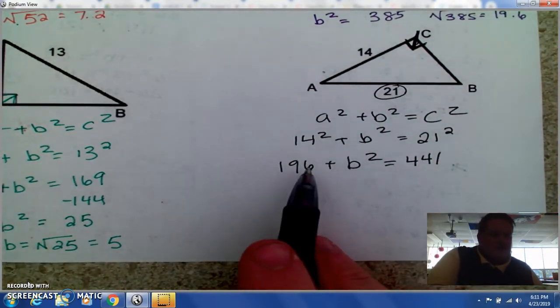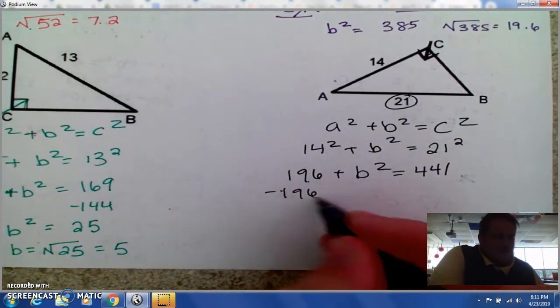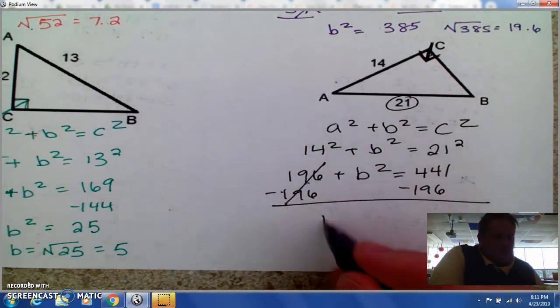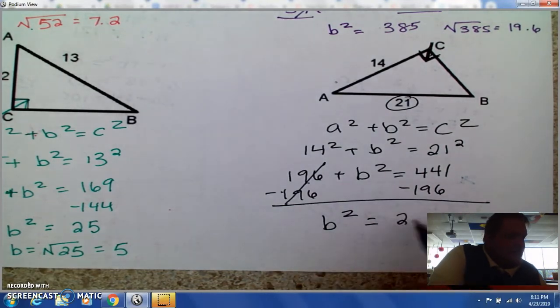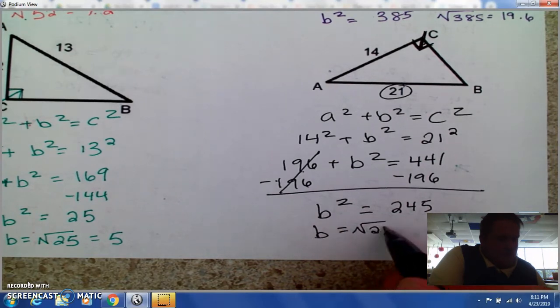Now I've got to subtract the 196 from the 441. Left with b squared on this side, and 245 on that side. So now I take that little 2, means I've got to square root the 245.